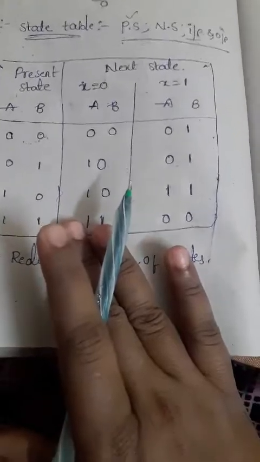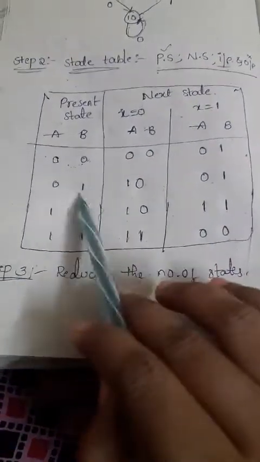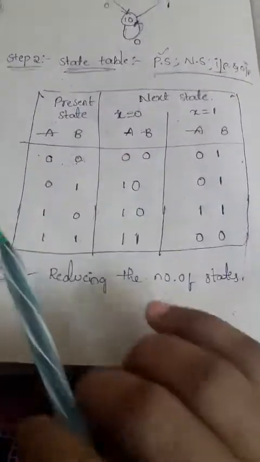That means there is no state reduction possibility. We can't reduce the states because each state is different. We don't have a similar pair among any two states, so in step 3 we can't reduce the states.